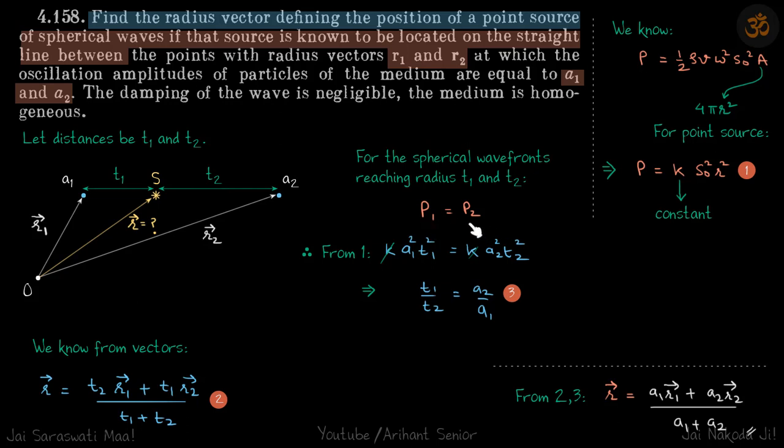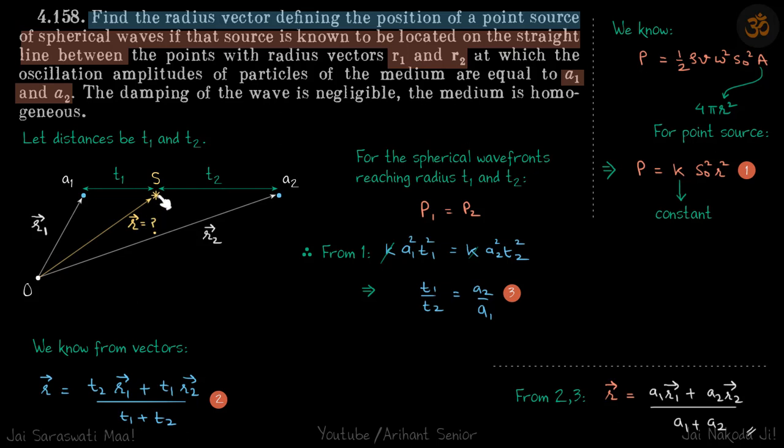So P1 is equal to P2, or k a1 square t1 square is equal to k a2 square t2 square, or t1 by t2 is equal to a2 by a1. So their amplitudes are in the ratio of their distances from the source. Sorry, not proportional, it's the inverse of that. So of course this distance is less, so amplitude will be higher. This distance is more, so amplitude will be less. And the relation comes to be a1 t1 is equal to a2 t2.